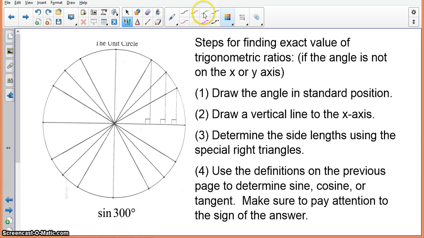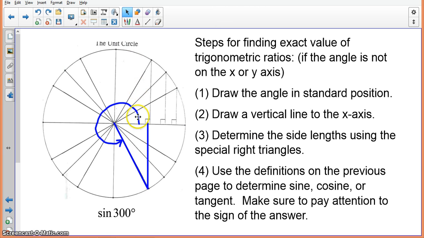Sine of 300. So 300 degrees starts around here, and it goes around most of the way around. Sine of 300 degrees: 90, 180, 270, to 300 degrees. And so what we have here looks to be a special right triangle.